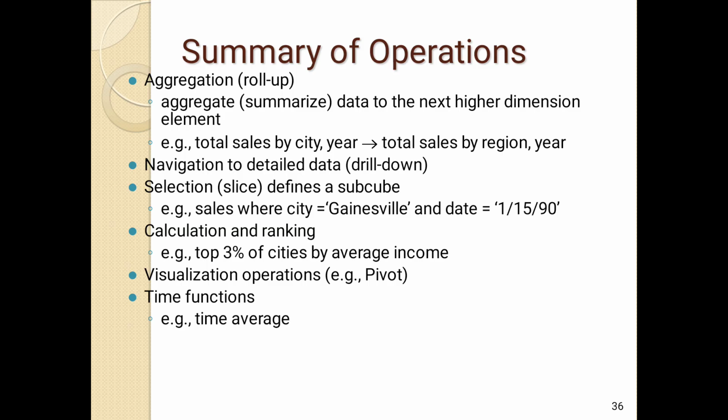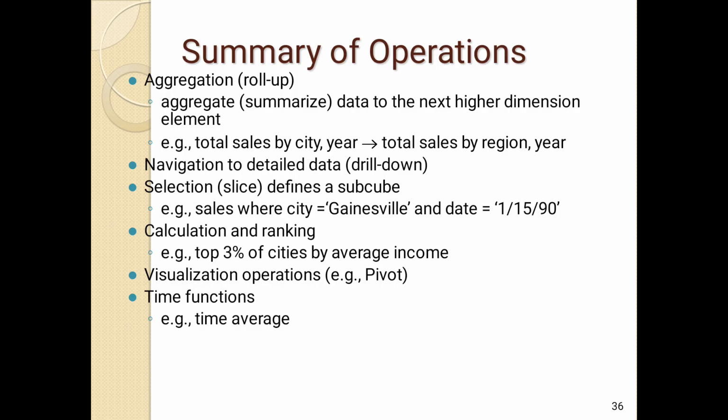So these are the operators we are seeing. Actually, we saw roll up, drill down and slice. Example, slice means sales where city name is equal to a specific city and a specific date. So I'm just applying a condition in our table.